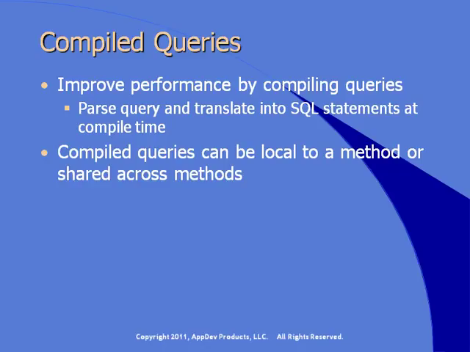So you may have a method which runs a query 15 times for 15 different customers. You might in that method compile the query so that the next 14 times it runs, it's faster. Or you might have a query display customers in region that takes as an argument a region and returns customers, and you're going to use this query throughout the application. You'd compile it and make it shared.